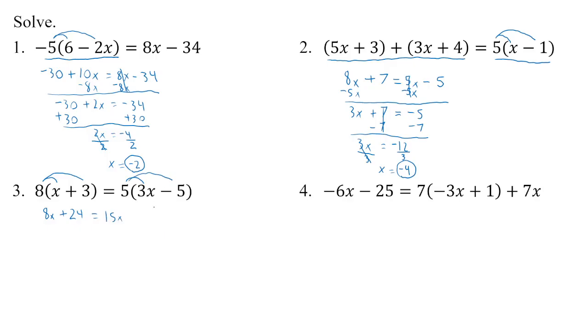And 5 times negative 5 is negative 25. So now you finish simplifying because, again, it looks like an equation from part 3. So we can either eliminate 8x or 15x. Let's say we eliminate 8x.